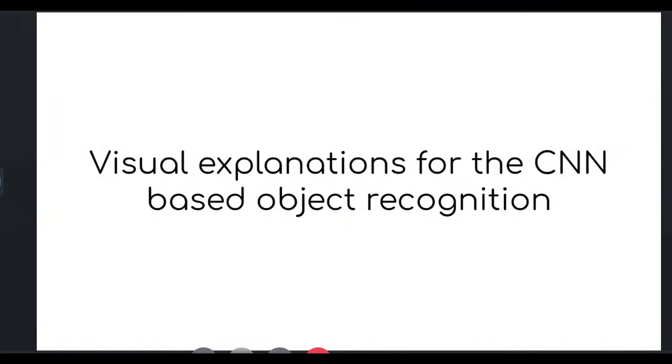So I'll just try to recap what we have seen. We have understood that machine learning is there everywhere. We cannot blindly trust it. We have to understand whether it is relying on the right features, right information, or whether it is cheating us with bugs in the training. There are a lot of applications.